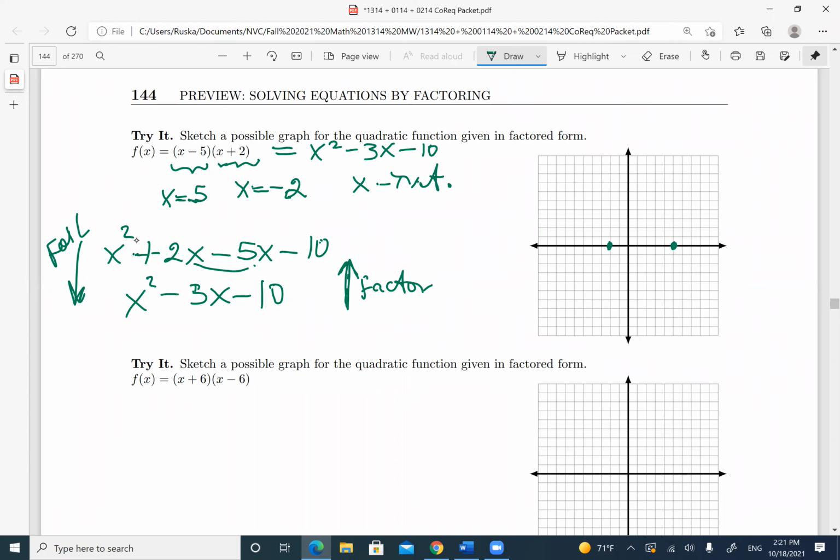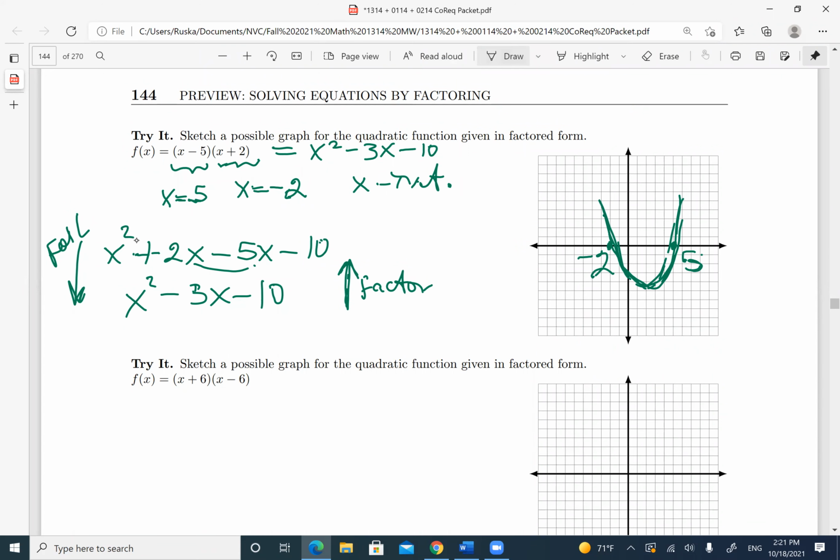So I know the function has x squared positive, which means the parabola opens up. It's going to look something like this. Mine is not exactly symmetrical, but it should be something like this, going through -2 and 5 at the x-intercepts. Any questions? Sketch the graph.